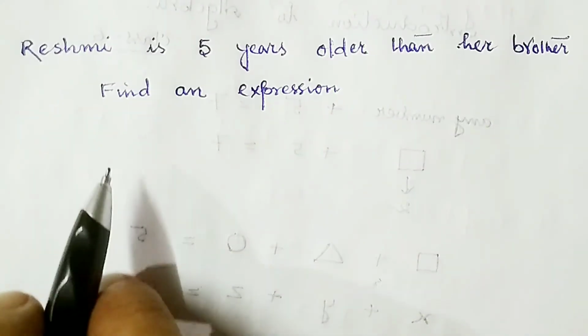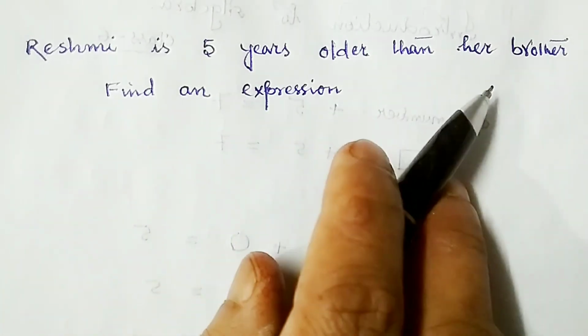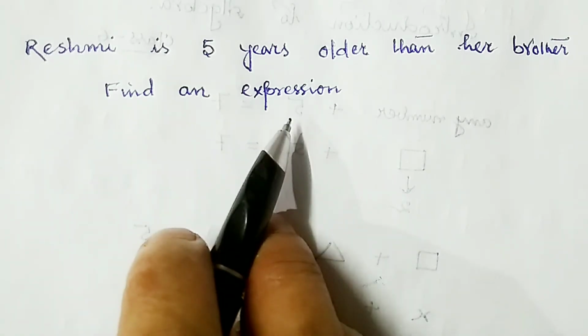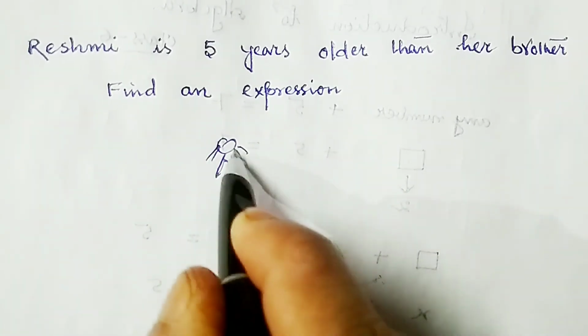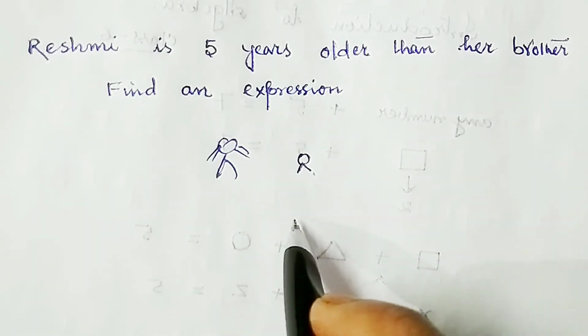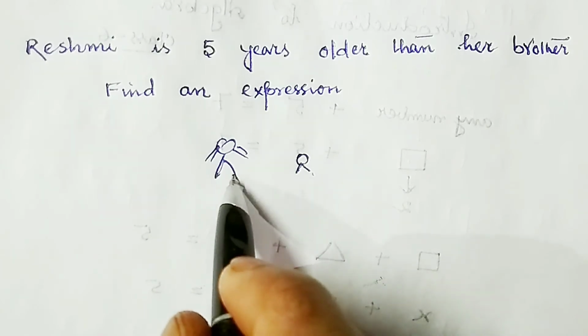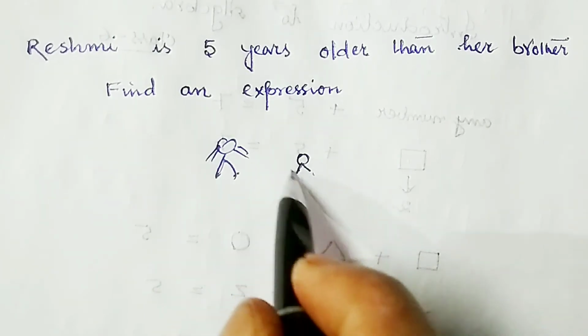Now suppose one question is: Rashmi is 5 years older than her brother. Find an expression for it. Okay, so suppose this is Rashmi, and this is her brother. Now Rashmi is 5 years older than her brother. I don't know the brother's age.